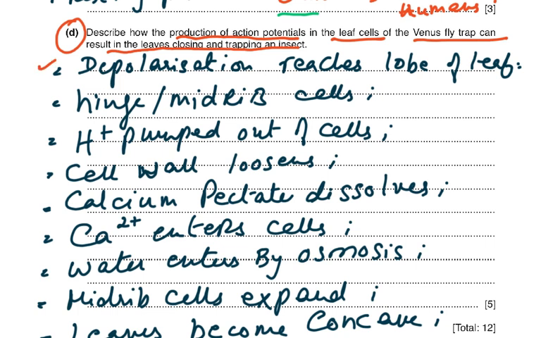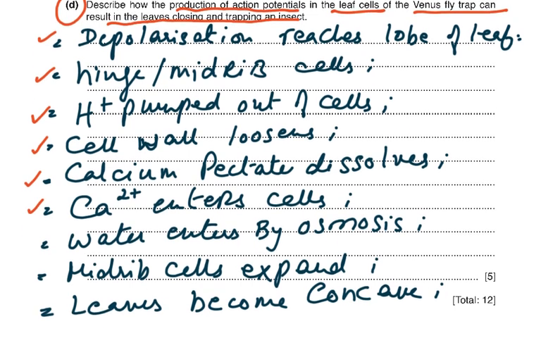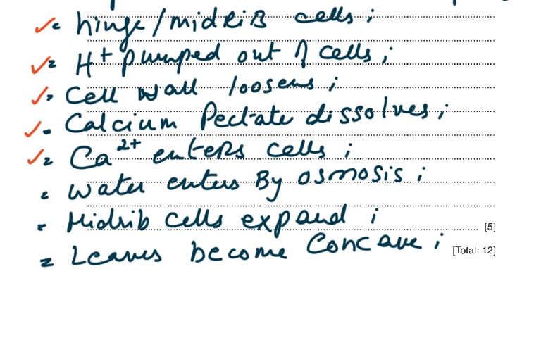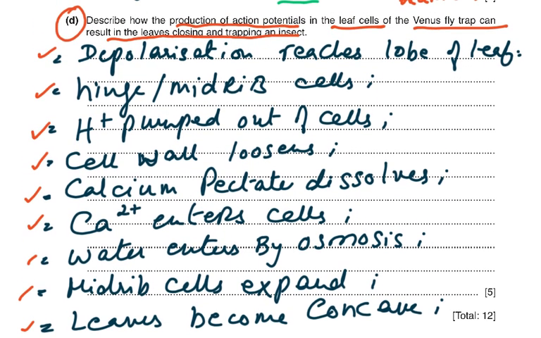Depolarization reaches the lobe of the leaf, the hinge or the midrib cells. H positive ions are pumped out of the cell, the cell wall loosens, like we've studied in another hormone as well. Then the calcium pectate dissolves, the calcium ions enter the cell, water enters by osmosis, midrib cells expand, and the leaves become concave. So, a little difficult, I feel.